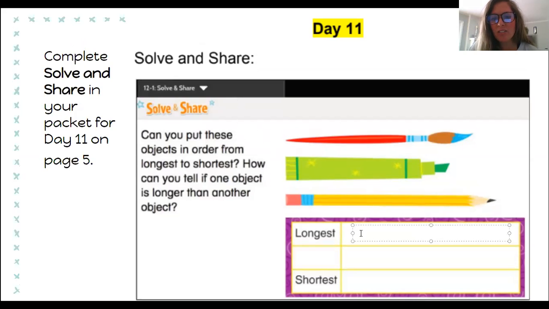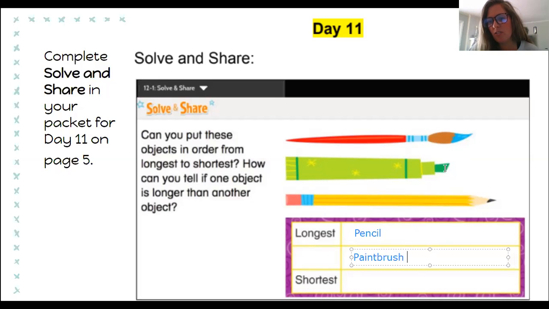If you thought pencil, you are right. The pencil is the longest, and you can see by how it goes out further than the other 2 objects. So which one do you think comes next? If you're thinking paintbrush, you are also right. The paintbrush is the next longest.